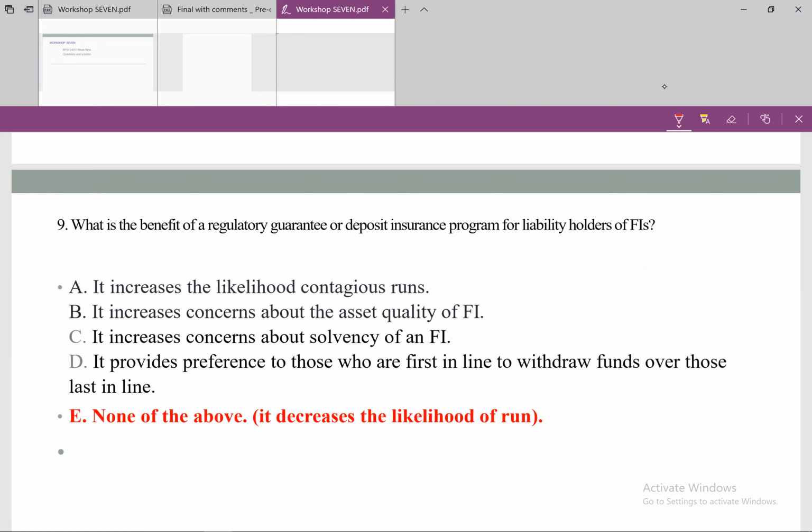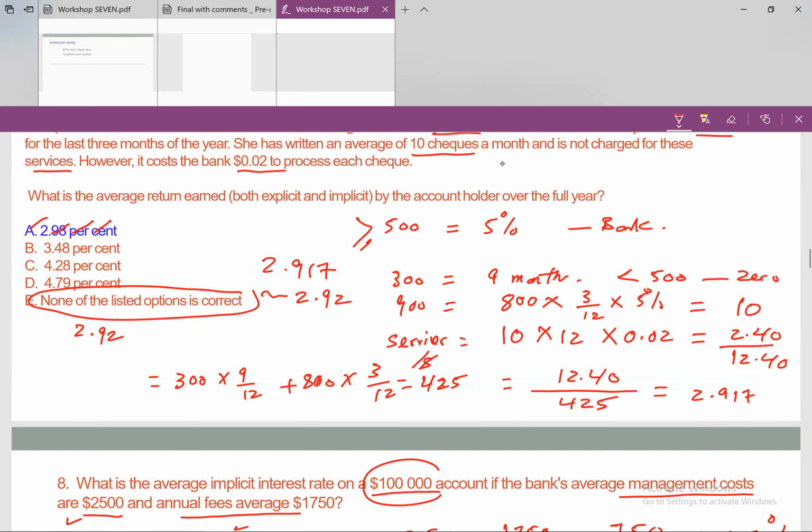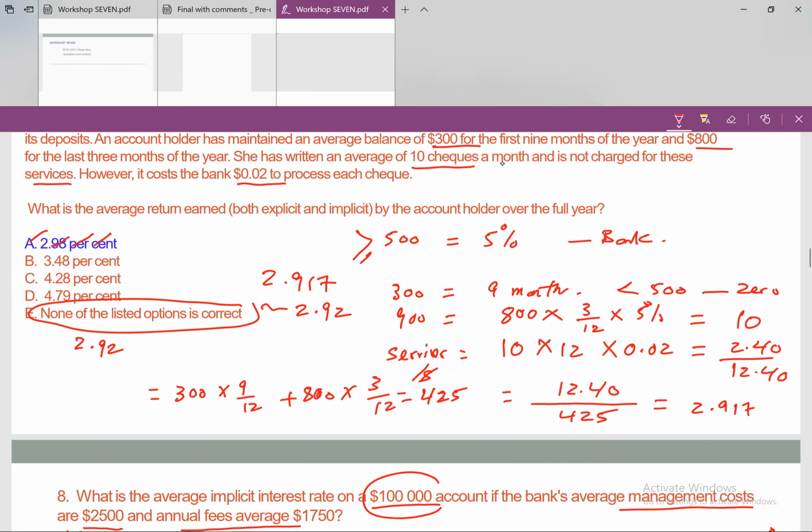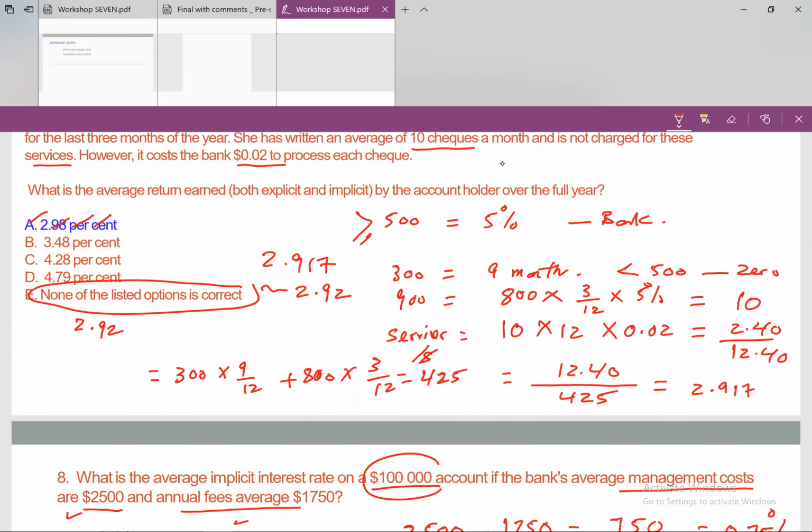For question 7, why do we have to divide by 425? For question 7, we divide by 425 because this is the amounts, right? He didn't hold that 300 for the whole year, and he didn't hold the 800 for the whole year. He just held it for 9 months, and this is for 3 months. So if you calculate this one now, you will get the average holding is 425. Make sense, my friend?